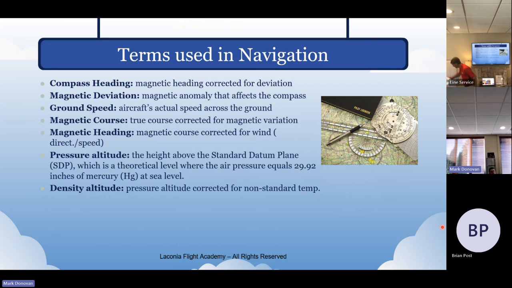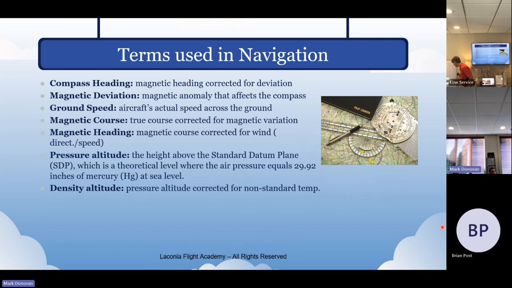At 1,000 feet, you're going to have 28.92 inches and a temperature of 13 degrees Celsius. At 2,000 feet, it's going to be 27.92, and it's going to be 11 degrees Celsius. And so it goes as you go up the air stack.